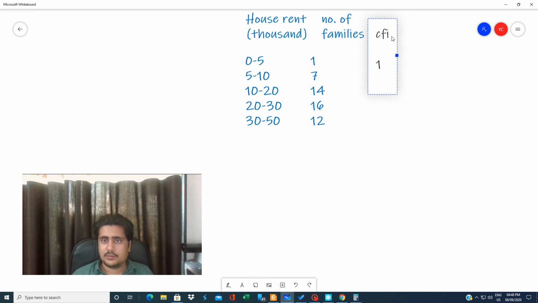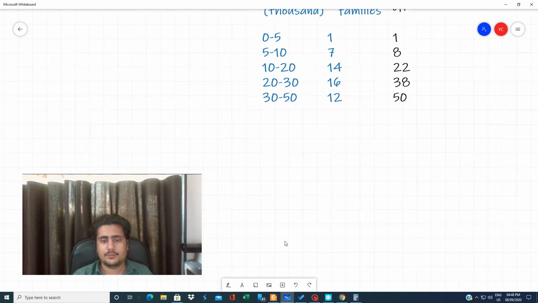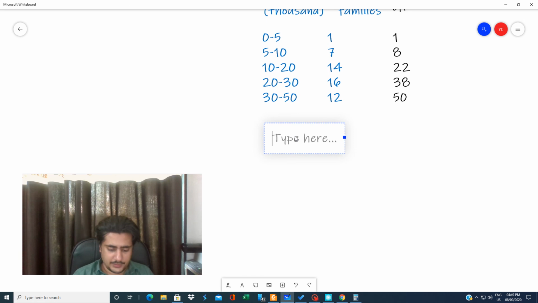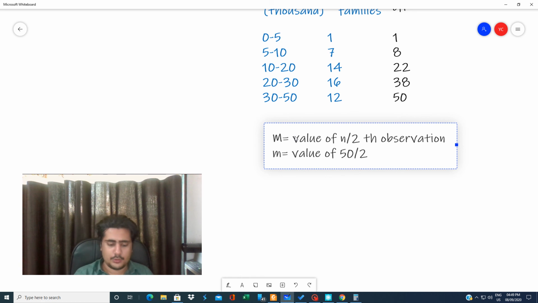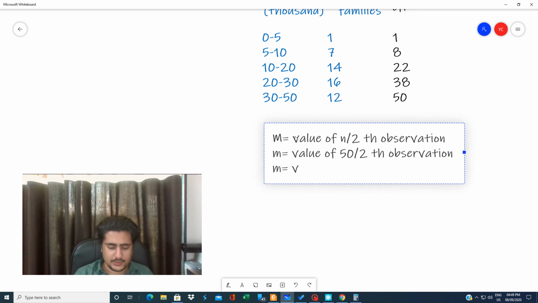It's 1, 8, 22, 38 and 50. Median is equal to the value of n by 2 observation. So median is the value of the 25th observation.